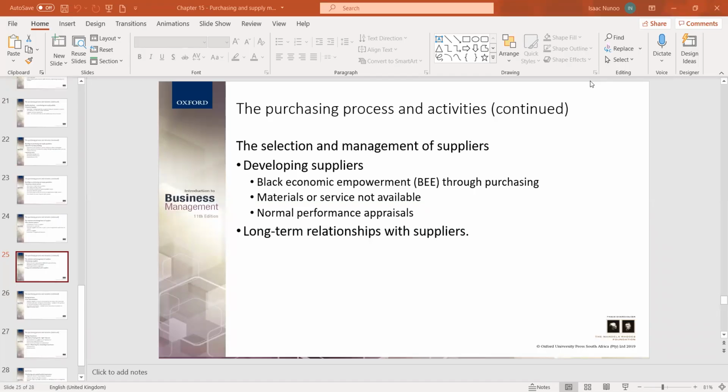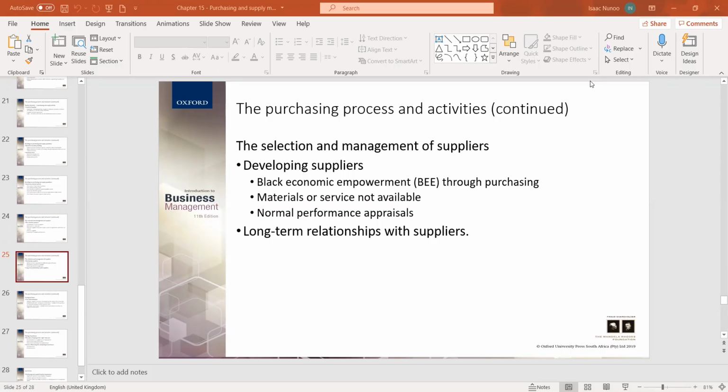Even suppliers that do not have that full-fledged economic empowerment, once you demand more from them, are able to stand out and become full-fledged suppliers. For example, if you need a particular commodity and only a few people are supplying, once you keep on buying more from them, you empower them to grow to a larger extent, more powerful, and also to help solve inequalities and other increasing pressure on small businesses, even here in South Africa.